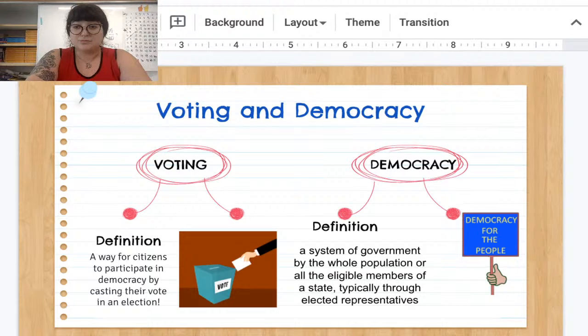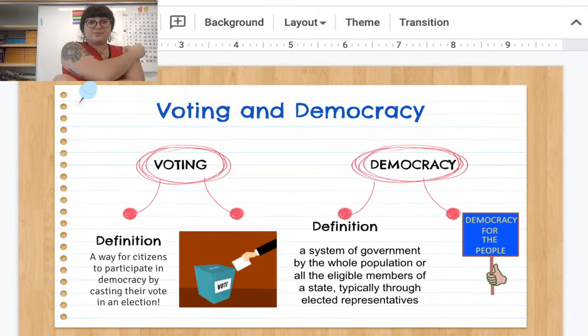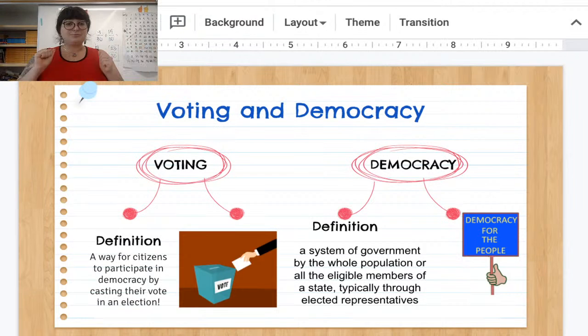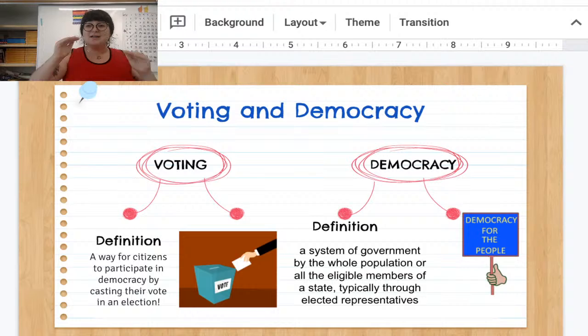Now, if we're looking at numbers of who votes in our society, it is shocking and quite upsetting to find out that we do not have some of the highest voting turnout in the entire world, compared to other countries that are democratic in nature. And so it is a stark reality when we find out that people don't vote.